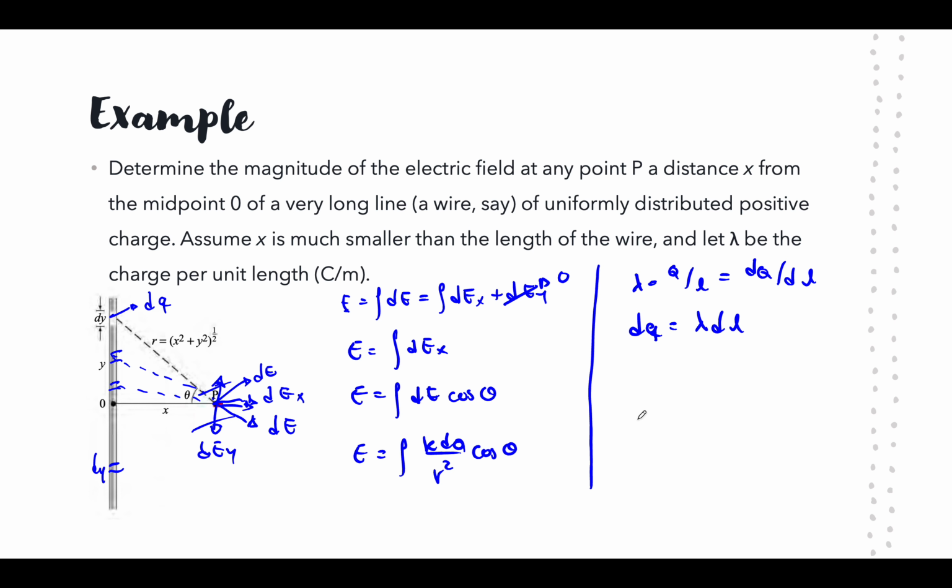All right, so that means that our electric field will now become the integral of k dq over r squared cosine theta, which is equal to the integral of k lambda dl, in this case dy, over x squared plus y squared to the power of 1/2 cosine theta.